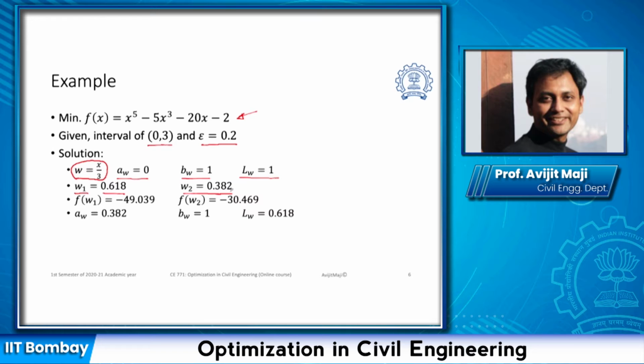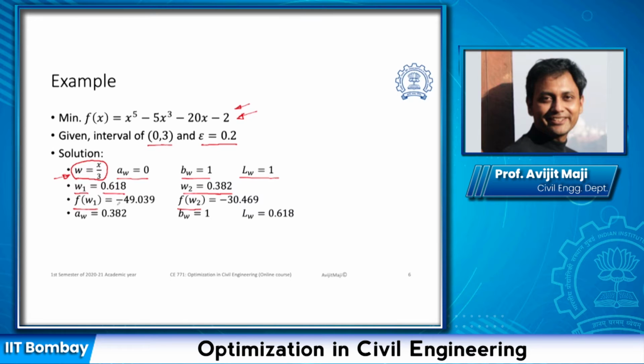If we want to find the x value at these, we can simply use this equation to find x1 and x2, and we can use the original objective function, or if we convert the original objective function with respect to W, we can use that to obtain the objective function value at the 2 points we have estimated just now.